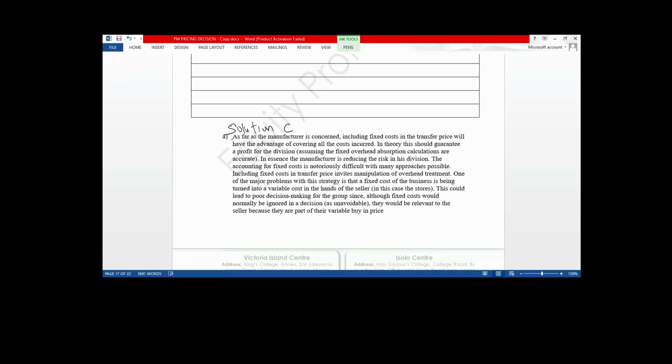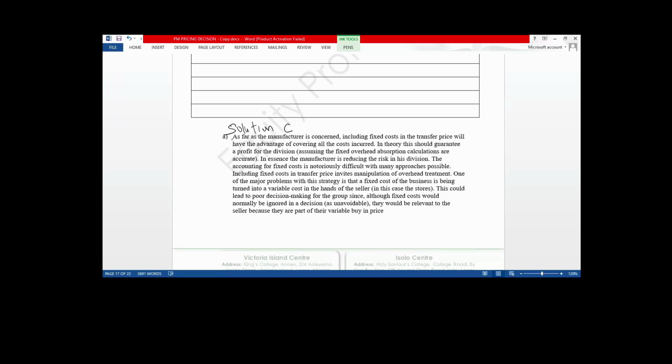In essence, the manufacturer is reducing its risk in its division. The accounting for fixed costs is notoriously difficult, with many approaches possible, and including fixed costs in transfer price invites manipulation of overhead.